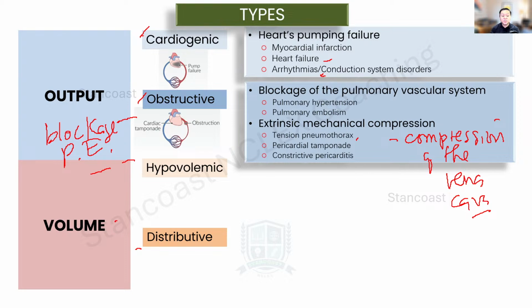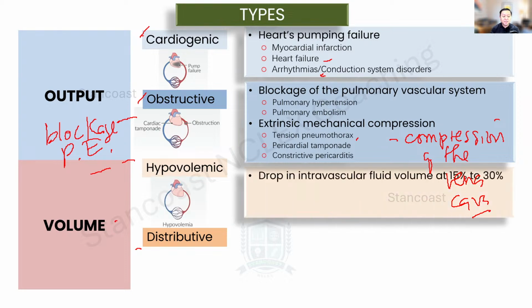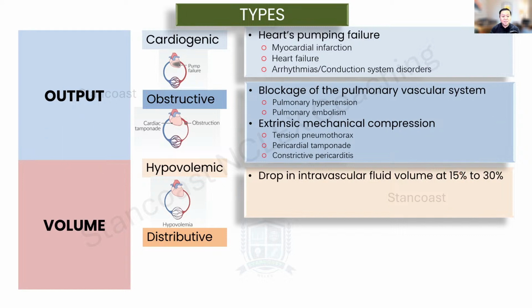This is going to be caused by conditions like a drop in the intravascular fluid volume. A significant decrease is about 15 to 30%. A drop in the circulating fluid volume, could be the blood, about 15 to 30% of a reduction is already considered as hypovolemic shock.